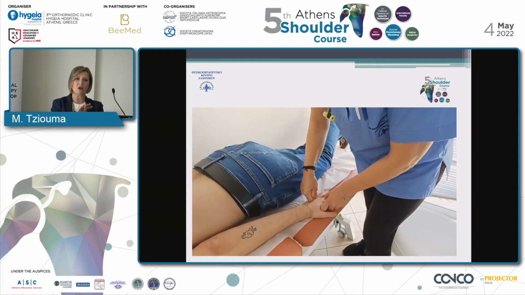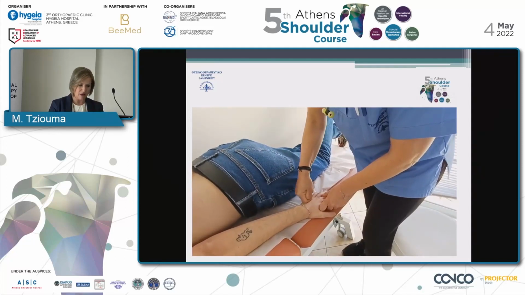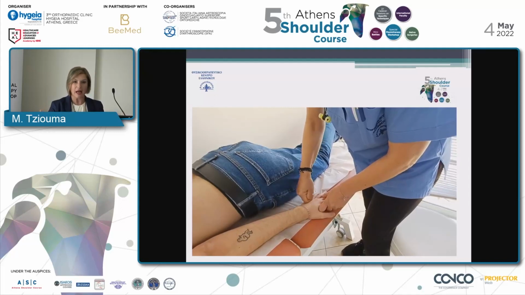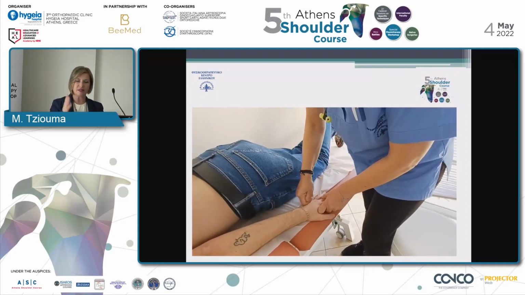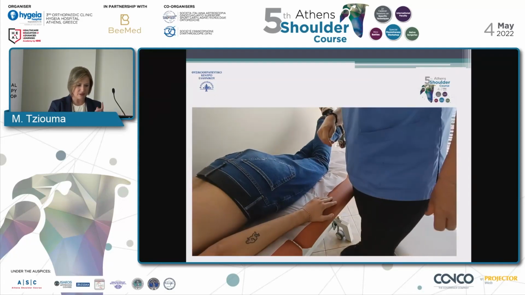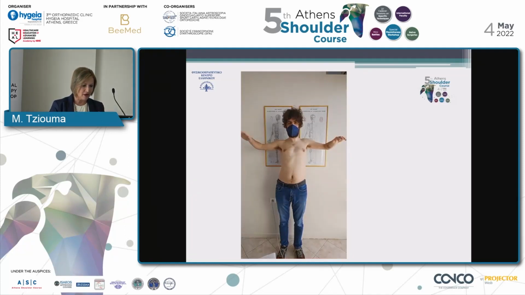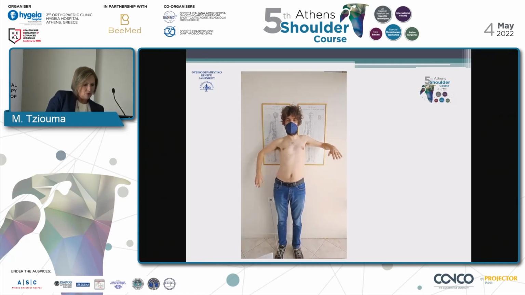Of course, in Stecco there are many lines, not only sagittal, but also spiral. This is very important. So this was the internal rotation for Orpheus. You saw how it changed.